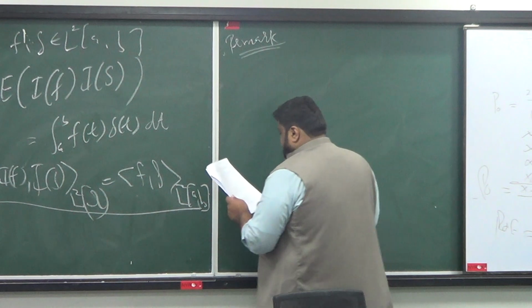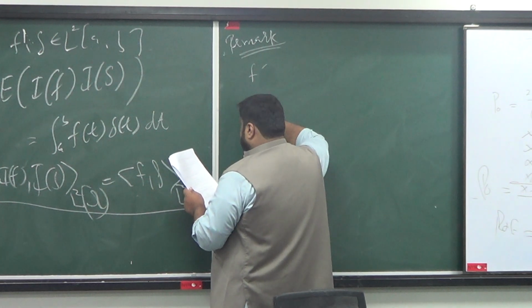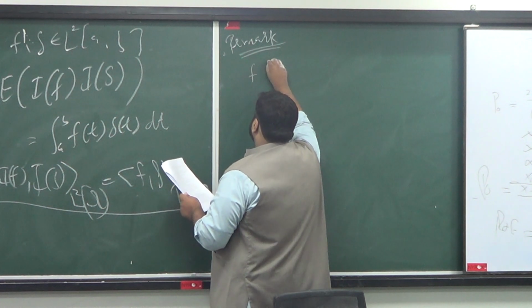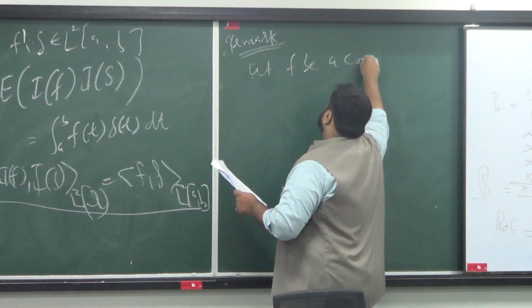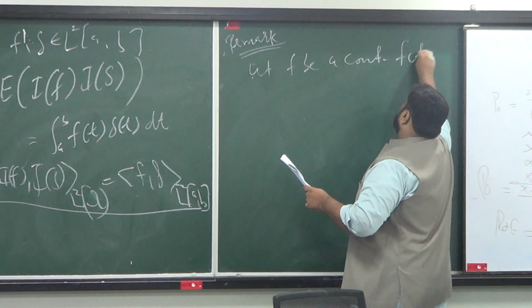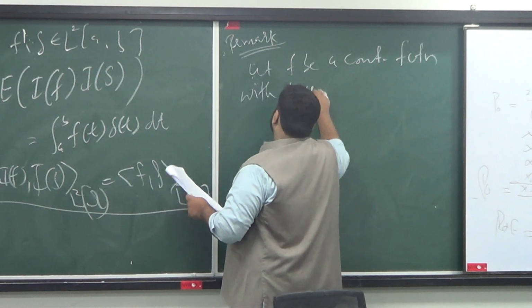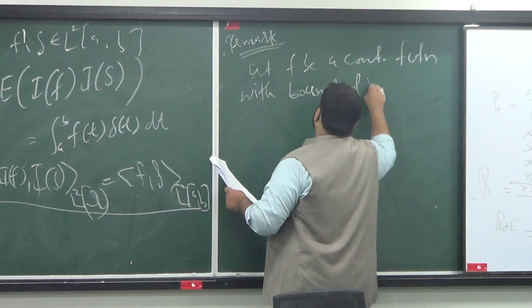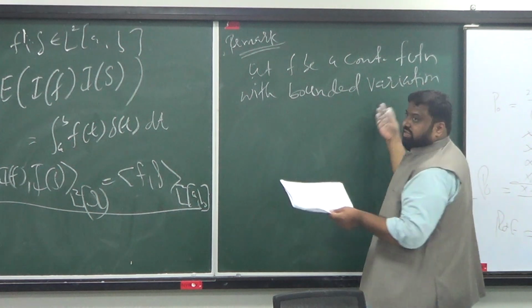Okay, so here's the thing. Imagine f is a continuous function with bounded variations, okay? Bounded first order variations actually.